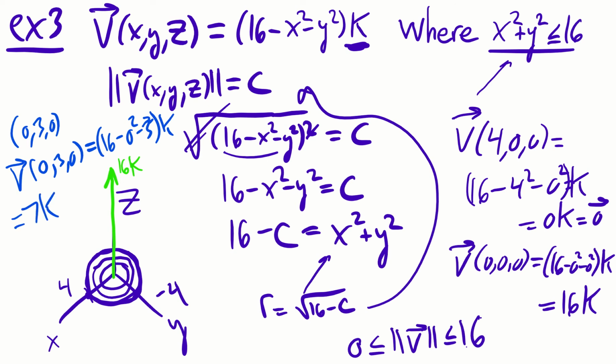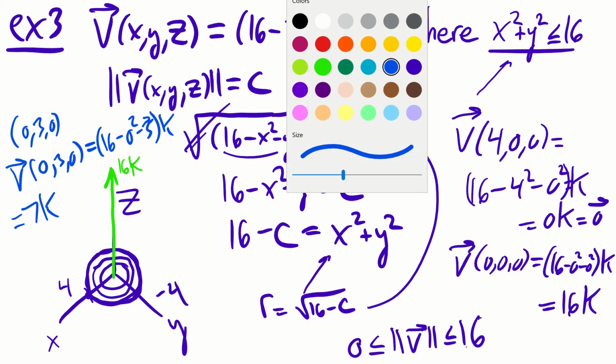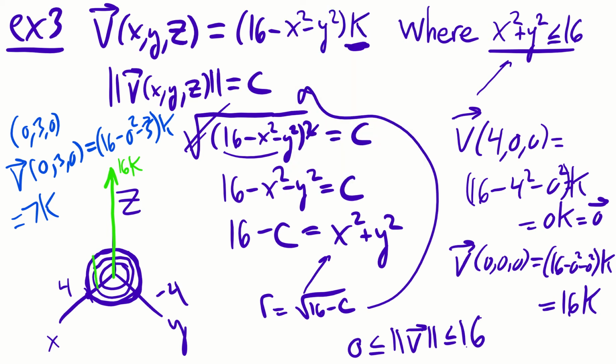So at 0, 3, we have a vector of length 7 pointing up, and then you can figure out what's happening. As either x or y increases, this difference gets smaller, and so we have a cascade of vectors that get smaller at each foot point as we move outward. As we move out, they're going to decrease until we get to the 0 vector on the boundary.